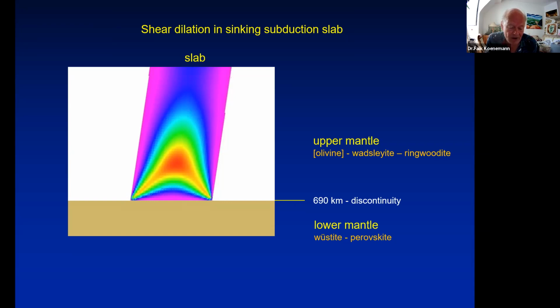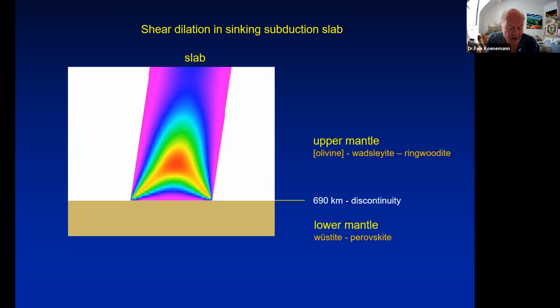The lower mantle below the 690 kilometer discontinuity consists of ringwoodite and perovskite. It is known to be far more viscous than the mantle above it. That is, a cold slab sinking to great depth will eventually hit a mechanical obstacle, the lower mantle.